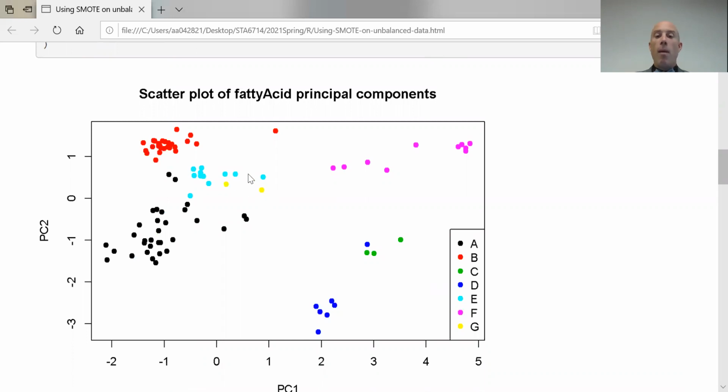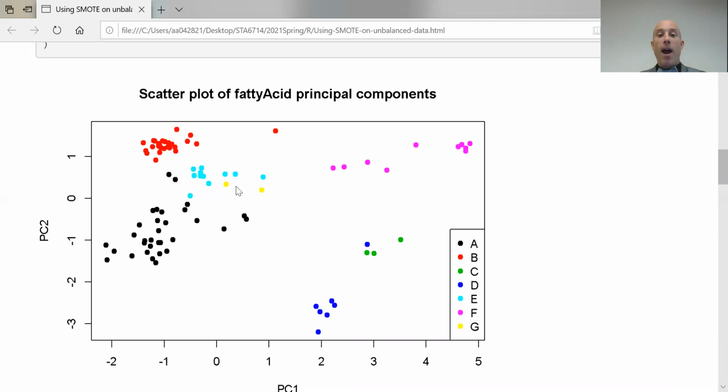The yellow might be hard to see, but right here there's yellow, and that is G. So these two are my two observations for G. And if I remember correctly, C only had 3 observations, so there's C. So I don't have a whole lot to work with for these two different levels.